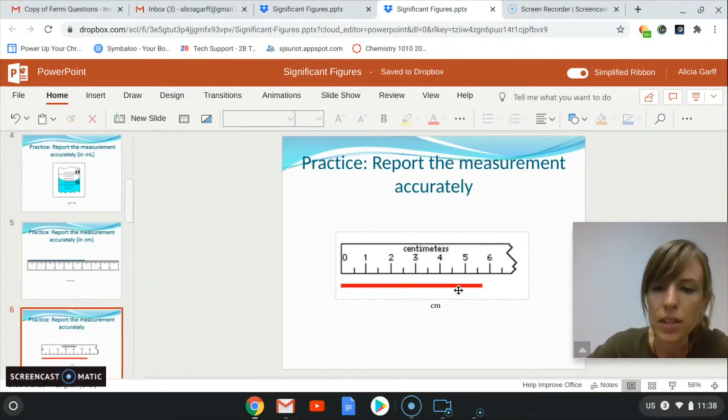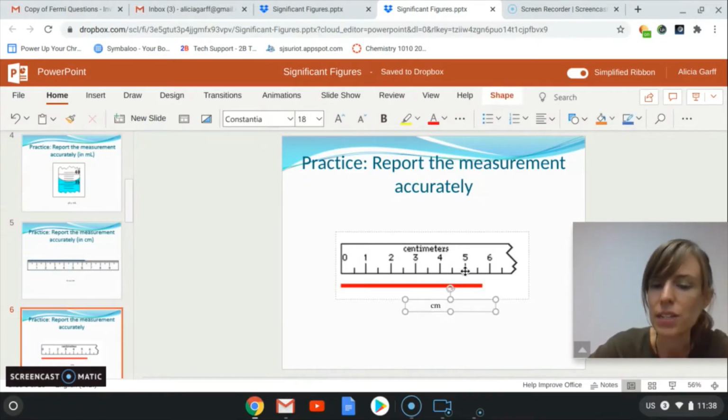Okay, this ruler is a little bit tricky. You can tell that it's 5 point something. Now, sometimes people think that I'm certain of the second decimal point, but I'm not. I have one tick mark between the 5 and the 6, but I could only be certain of that first decimal point if I had a tick mark for every single point after 5.